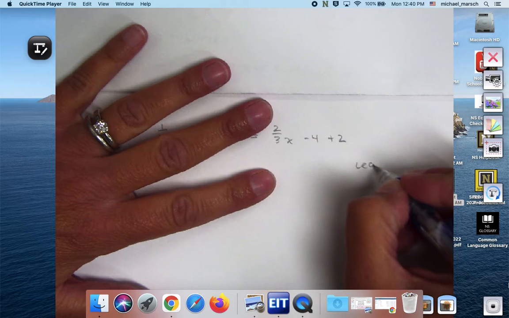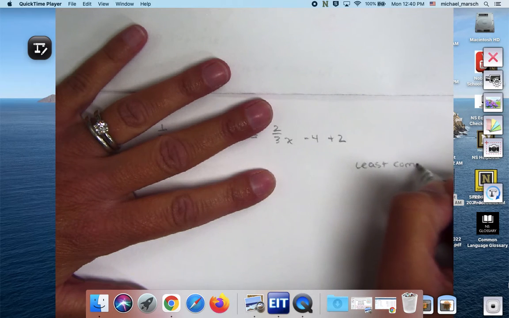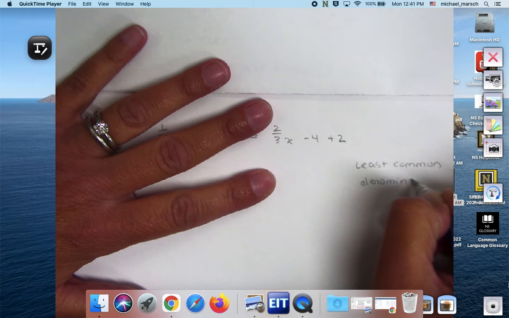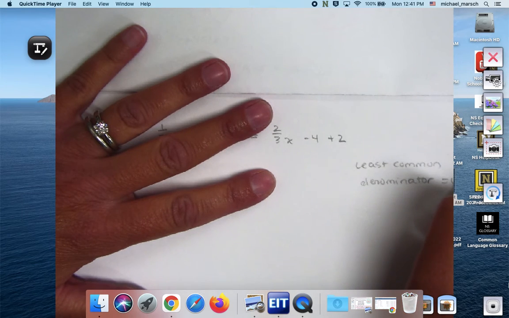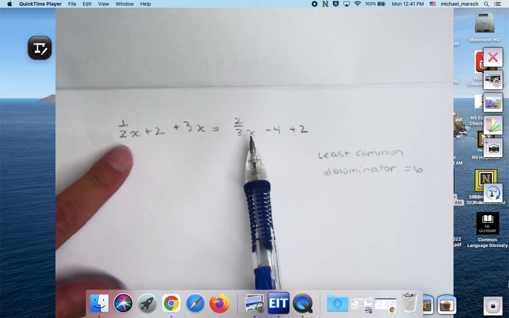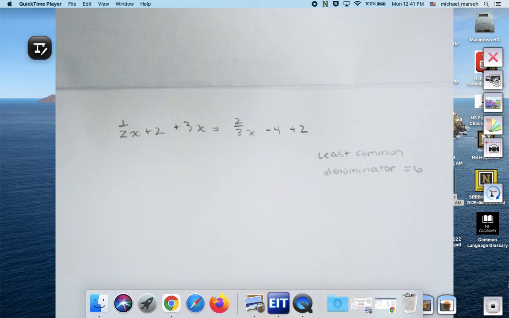So our least common denominator equals 6. And I only look at the fractions, right? What if I only have one fraction? What's going to be my least common denominator? The denominator of that. The only one that's there. Exactly.